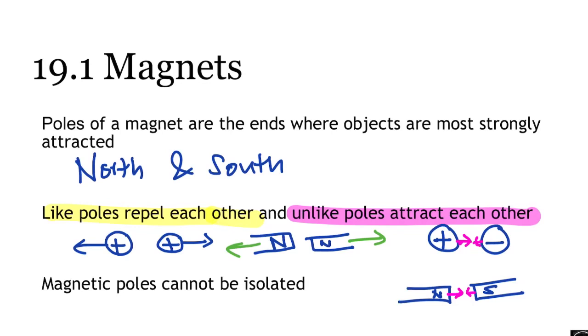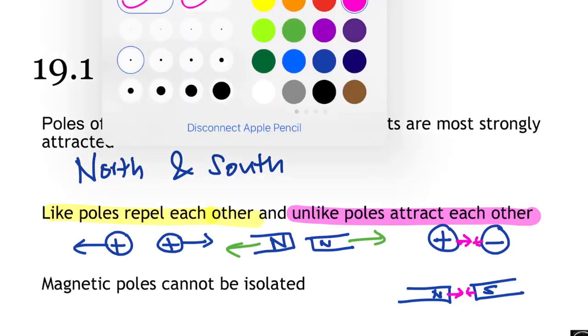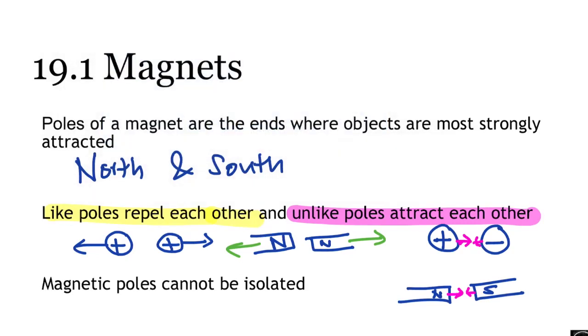However, for the next characteristic, magnetic poles cannot be isolated. Let's say you have originally this length of permanent magnetic bar. This is north, this is south. You cut it into half. Still, you're going to have north and south, north and south.